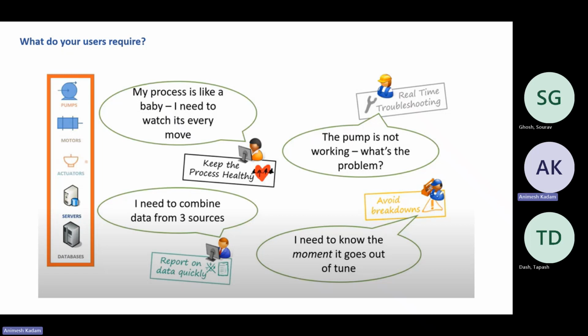Then it comes to the analytical part. A team which will be analyzing the daily production and doing the reporting and all will also need their type of data. They really don't need the granular process-related information, right?